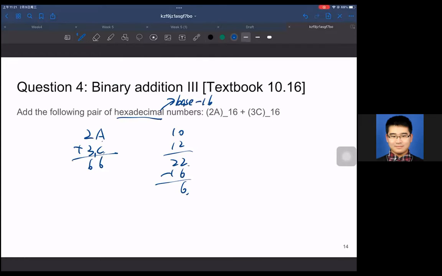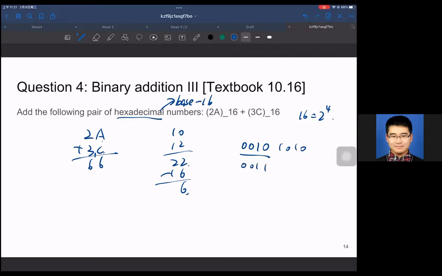Remember for hexadecimal, because hex is base 16, and it's 2 to the 4, which is the exponent of another base, then we can just make it base 2. What is 2? 0, 0, 1, 0. I'm using 4 bits because 16 is equal to 2 to the 4. And A is 1, 0, 1, 0. 3 is 0, 0, 1, 1.